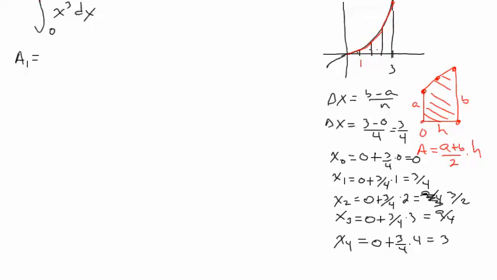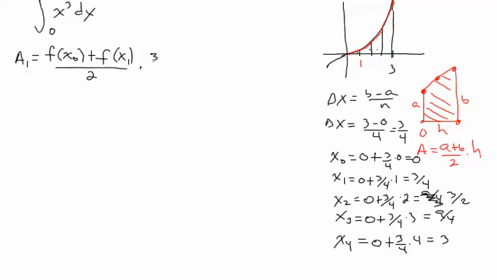To find this distance, we would say f of x of 0 plus f of x of 1. And then we divide that by 2, and then multiply that by h, and h is going to be the same on all of them, so that's going to end up being 3/4.